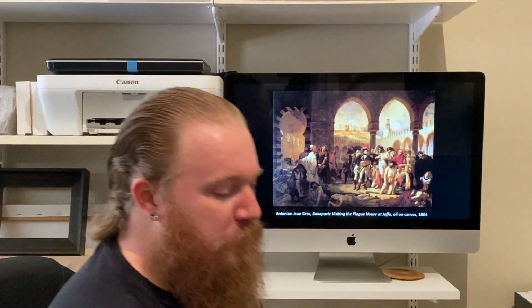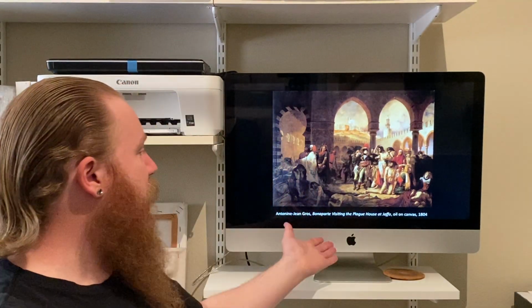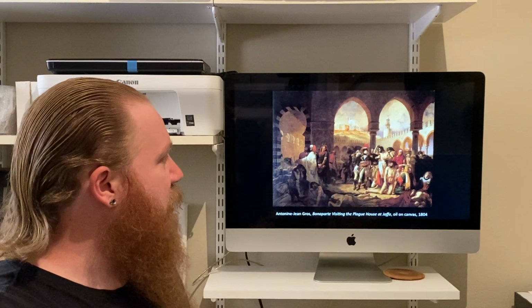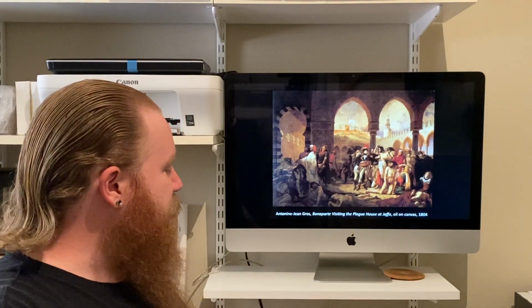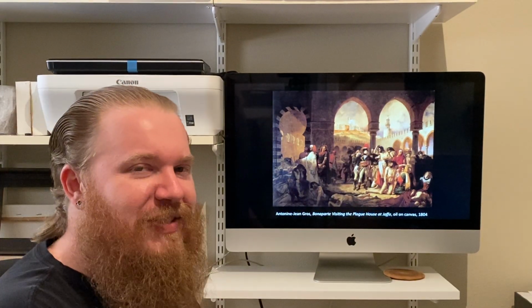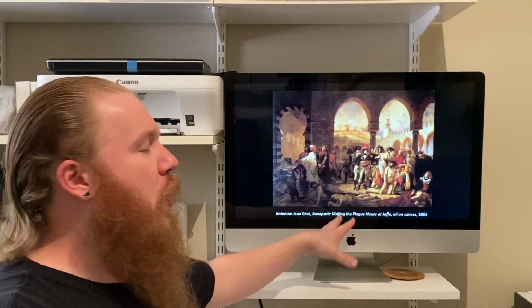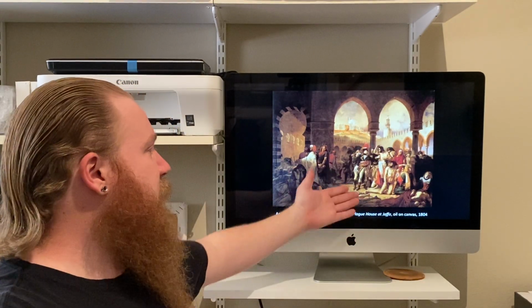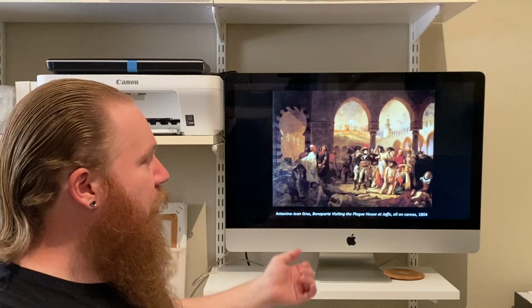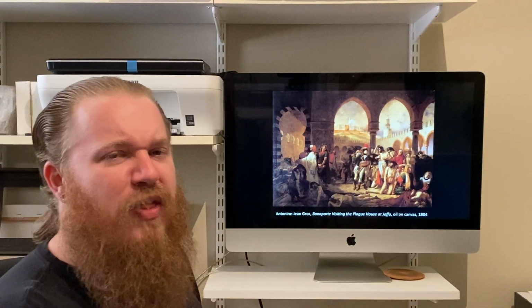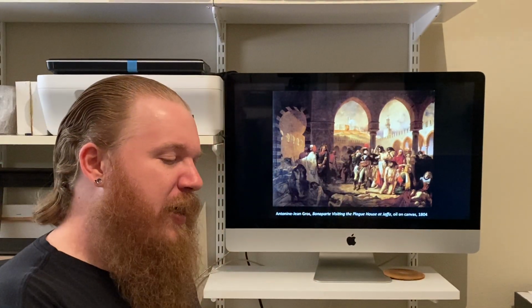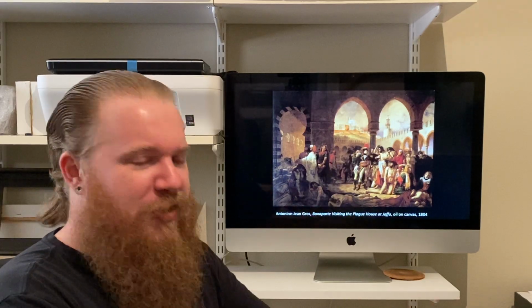Now, that painting is opposed to, say, this painting, also by Antoine-Jean Gros, but it shows a little bit of a difference between how Murat has himself depicted and how Napoleon has himself depicted. So Napoleon usually would rather show himself as being rather magnanimous, as being a man for his people.